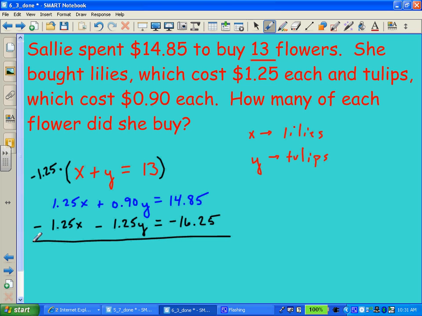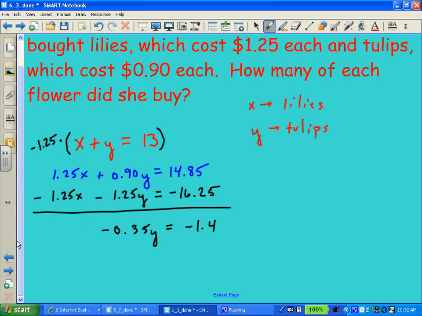Now I can add these together. I get 0.9 plus negative 1.25, and that's negative 0.35y. Then I have 14.85 plus negative 16.25, and that's negative 1.4. To solve for y, I'm going to divide by negative 0.35.